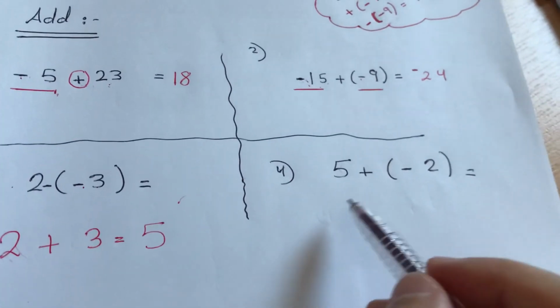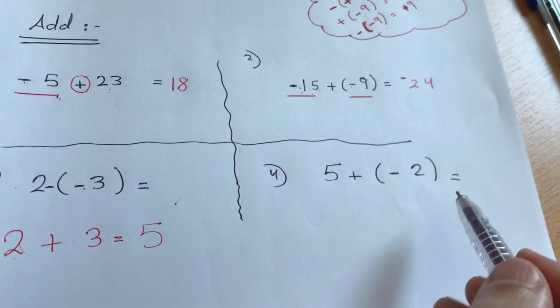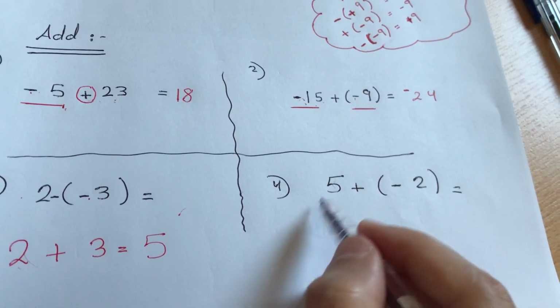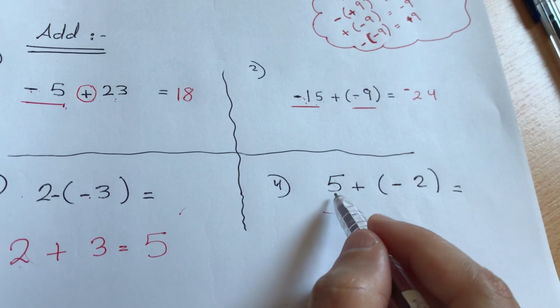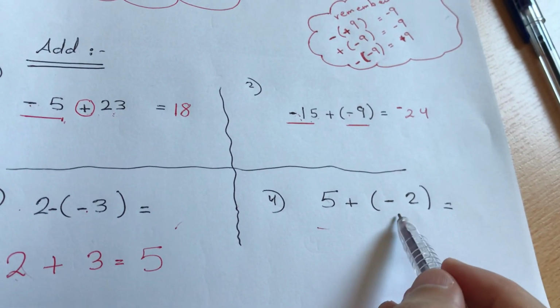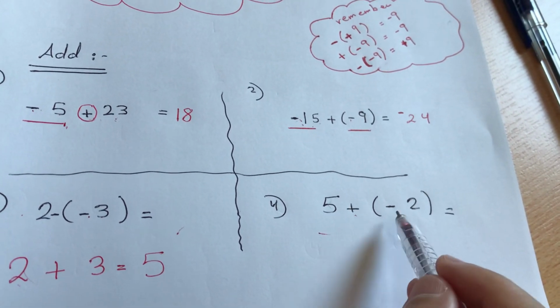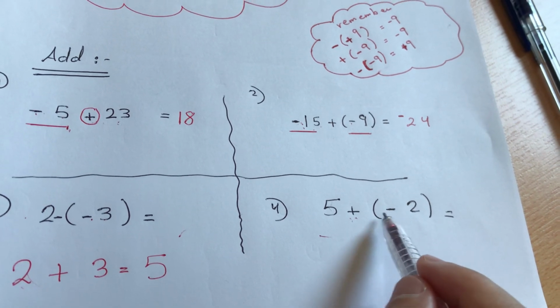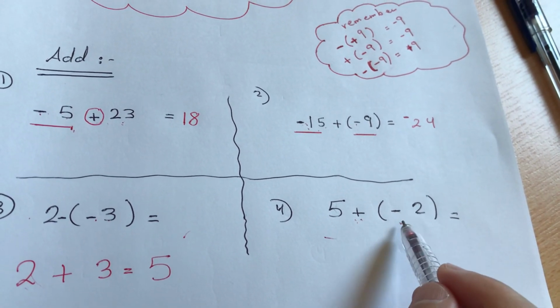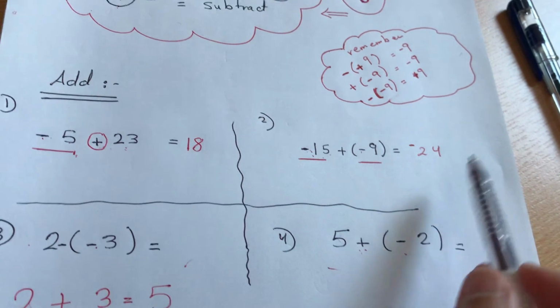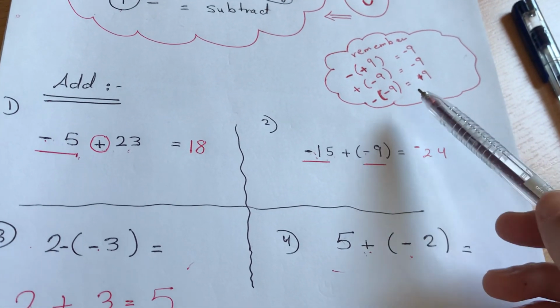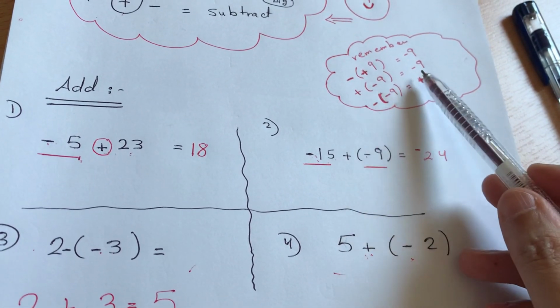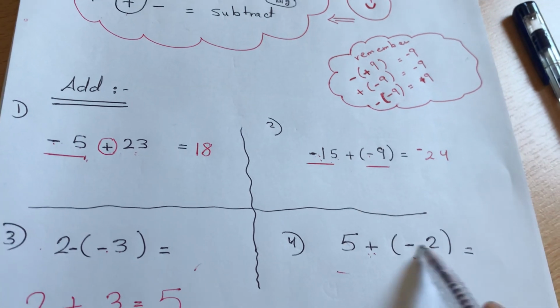Now the last question is 5 plus -2. Now what is the sign of 5? The sign of 5 is positive. And again, we have plus and minus outside. We have plus outside and negative inside. So we go back here. If we have positive and negative, what will be the sign of the number? It will be negative, right?